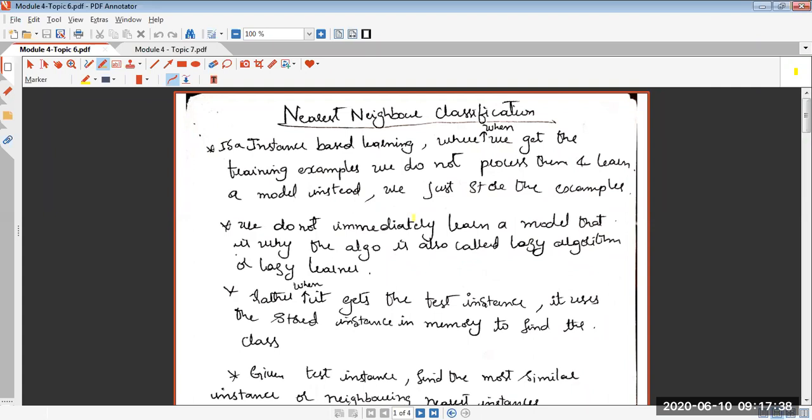But there is a difference. What is the difference? The first two classifiers, decision tree and rule-based classifier, will build a model based on the training data. Whatever historical data you give to the classifier, it will use it to construct a model. We have already explored how the model looks.